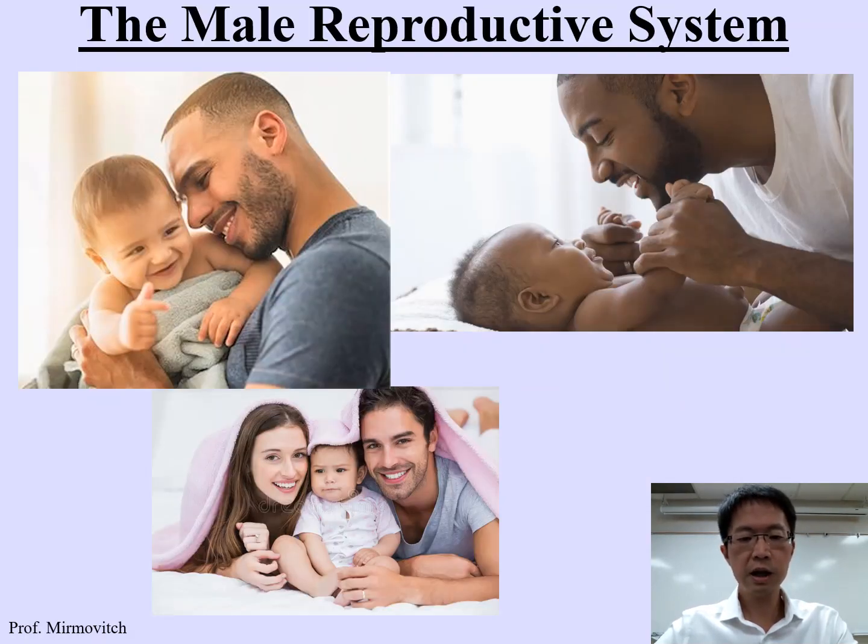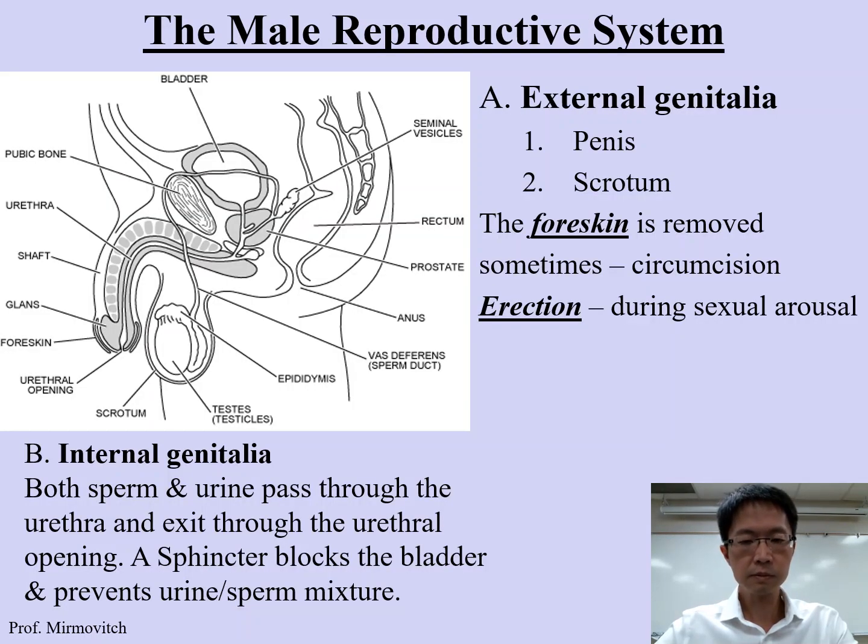So let's start with the male reproductive system. If you are going to take anatomy, then you need to memorize the entire picture. As a matter of fact, when you take anatomy, you have more than this to label and memorize.